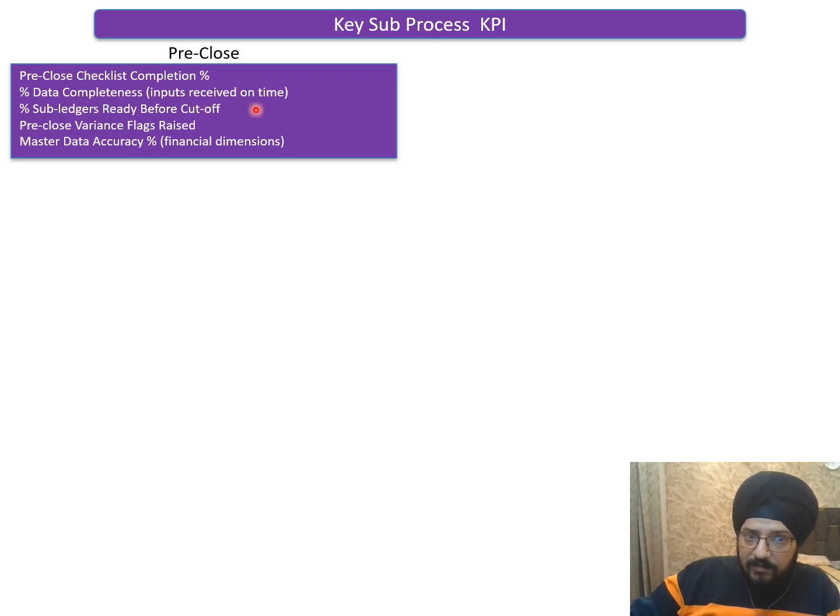Percentage of data completeness, percentage of subledger ready before cutoff, pre-closure variations flag raised, and master data accuracy. All these parameters will help the organization or the process come up with any red flag, if they have one, so that it can be addressed well before the close starts.